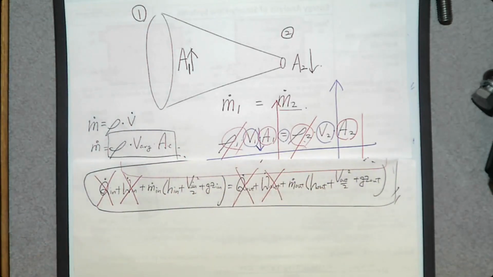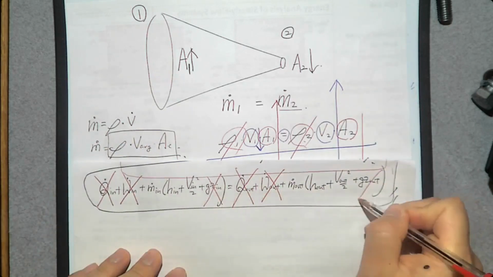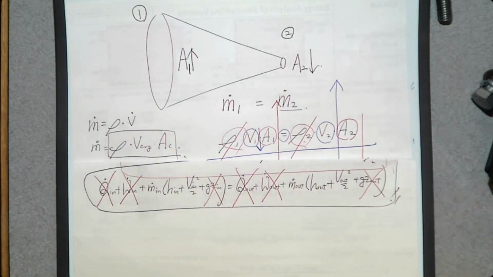What about at the inlet and the exit of this nozzle? So the inlet is on the ground, exit is on top of Mountain Everest. No, not that case. So there's no difference in potential energy between the inlet and the exit of the nozzle. You can neglect these 2. What about M dot?